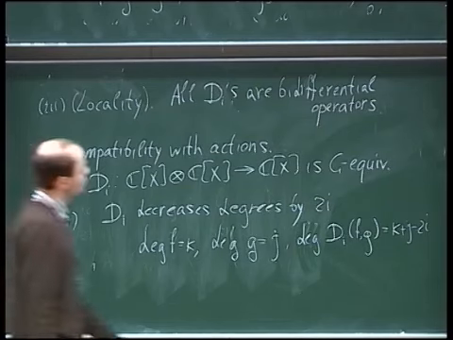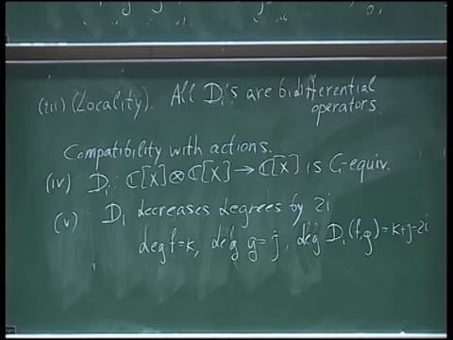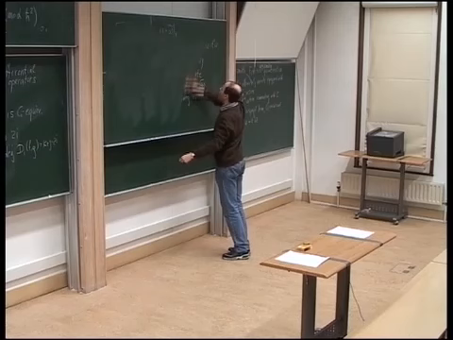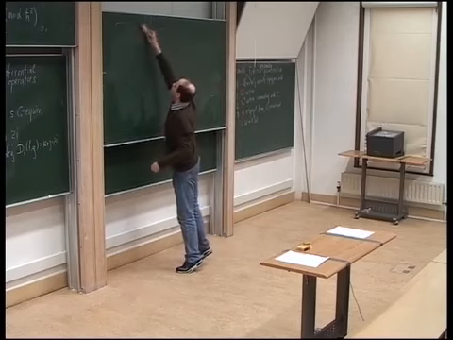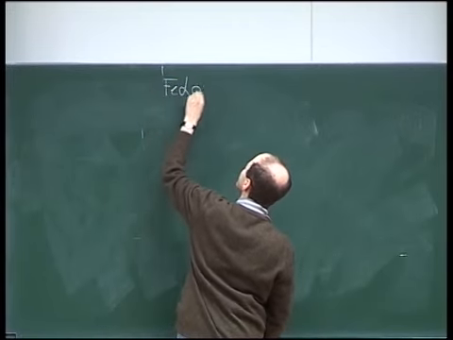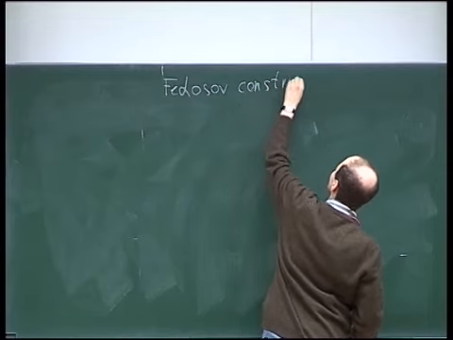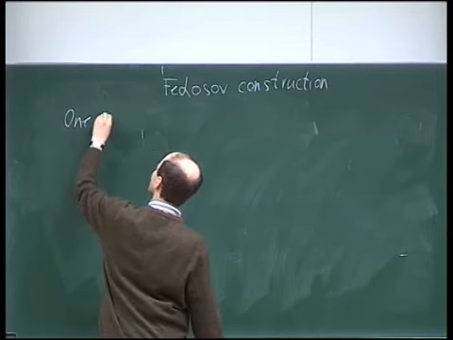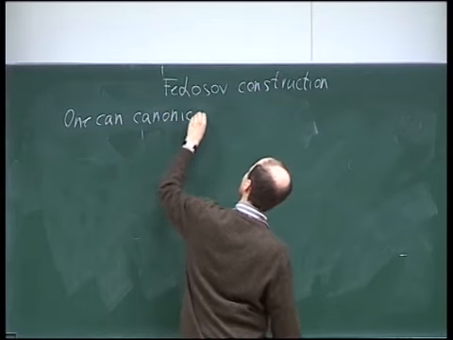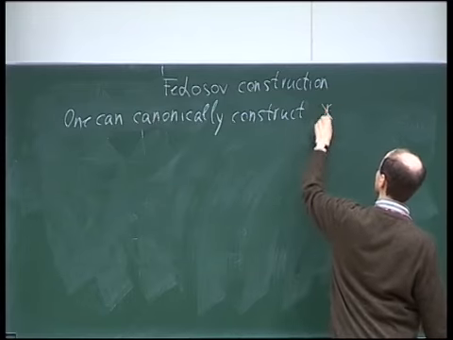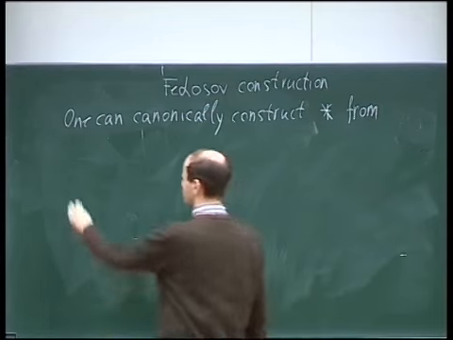Okay. Now, what this Fedosov construction gives us tells us that one can construct canonically a star product from a so-called symplectic connection.